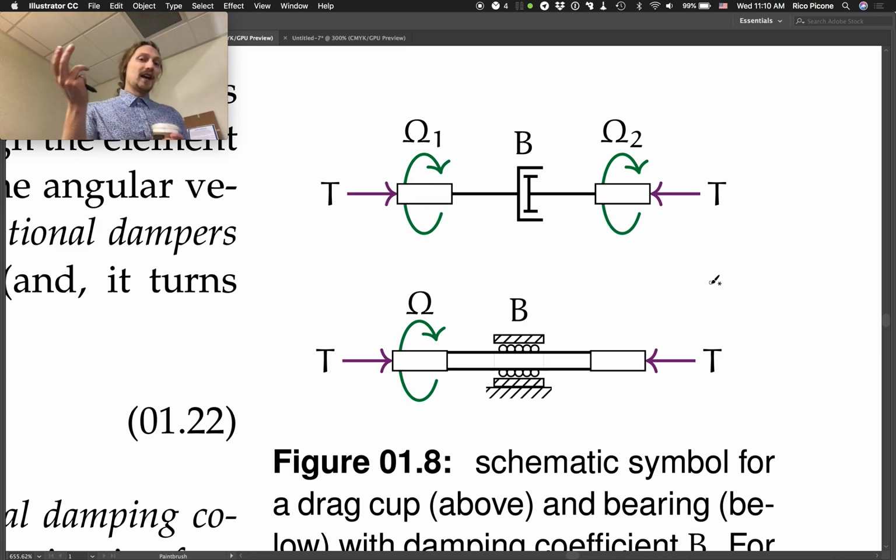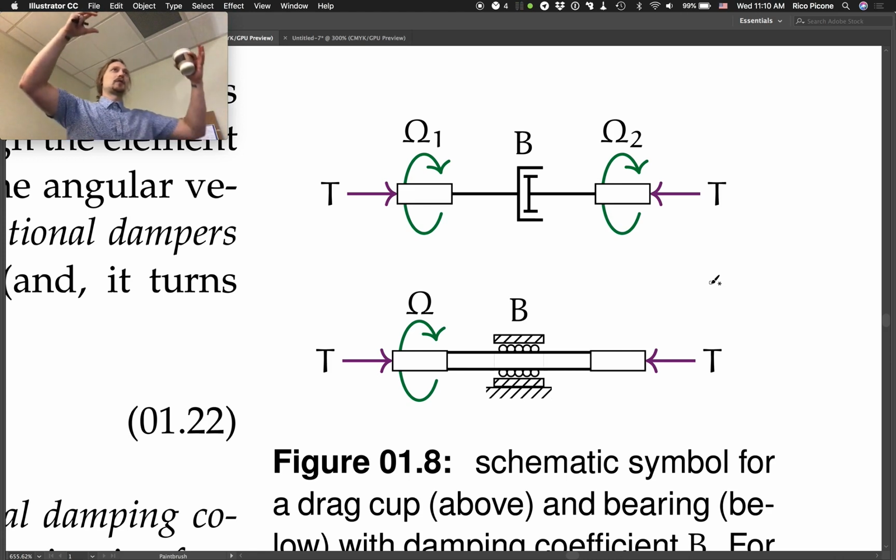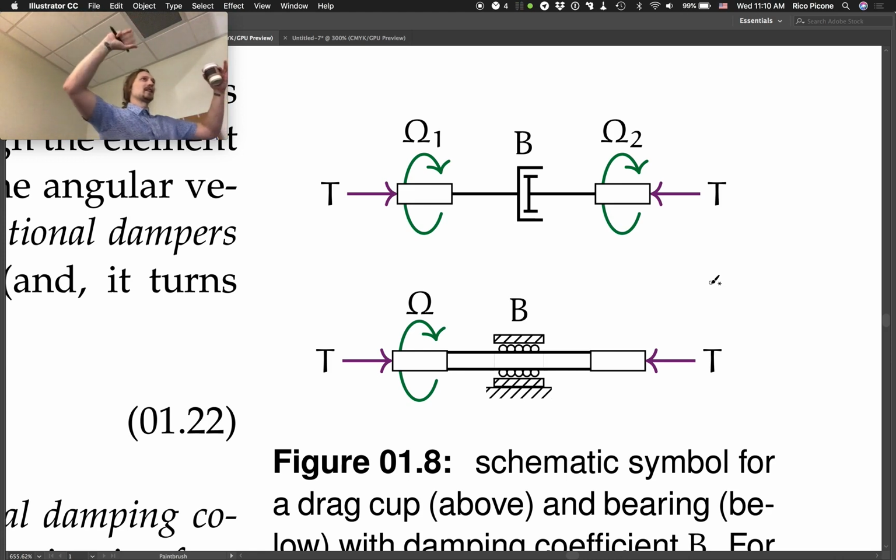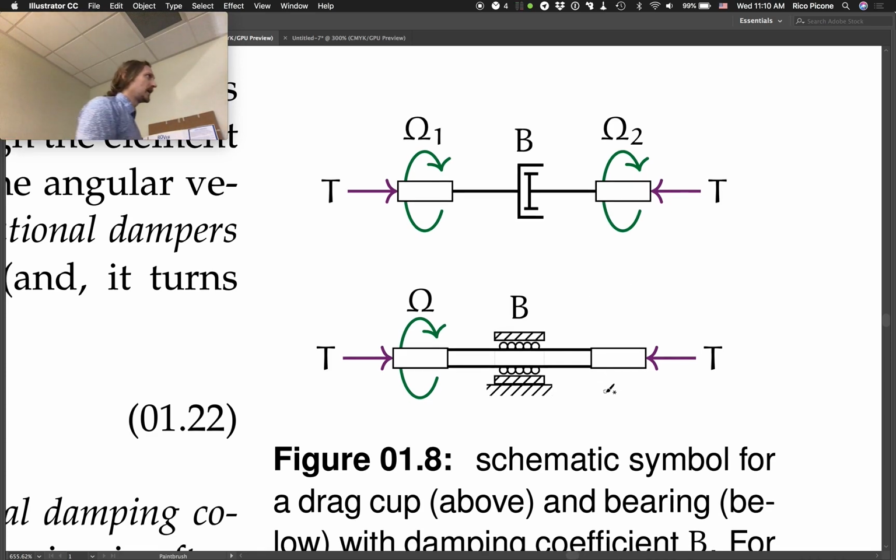So the drag cup couples two shafts, so there are two different velocities going on. Then there's another type of rotational damper, and that's the bearing. The bearing typically connects the shafts to a housing of some sort, something that's fixed. The bearing supports the weight of the shafts.